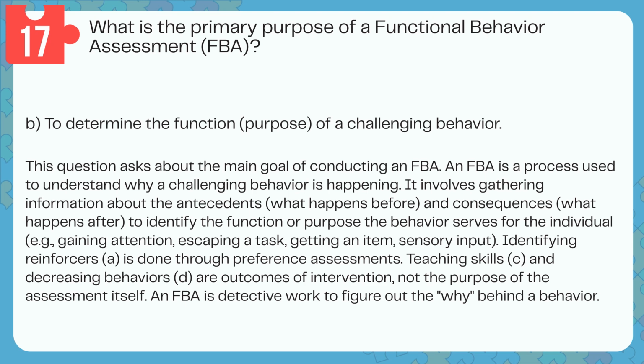Example: gaining attention, escaping a task, getting an item, sensory input. Identifying reinforcers, A, is done through preference assessments. Teaching skills, C, and decreasing behaviors, D, are outcomes of intervention, not the purpose of the assessment itself. An FBA is detective work to figure out the why behind a behavior.